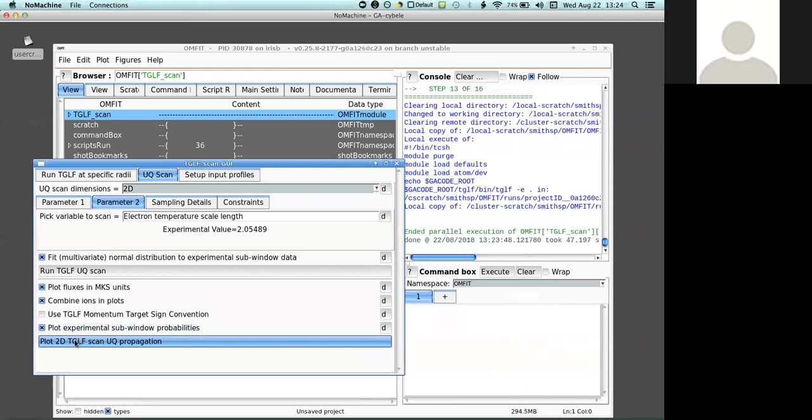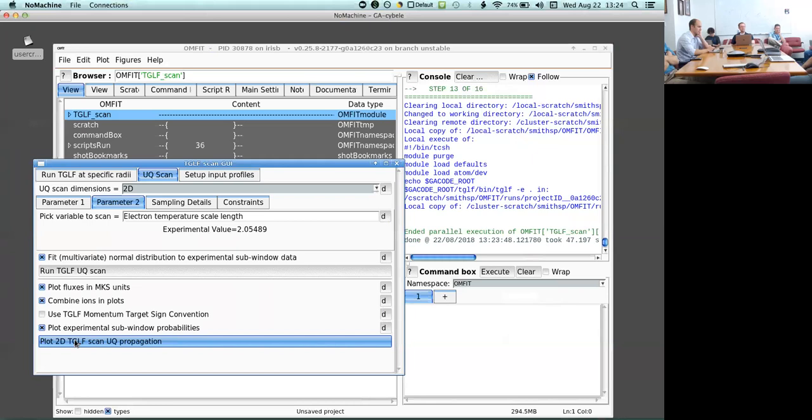I had a question. Is there a definition of uncertainty for when you have a non-normal distribution? So right now, the inputs into the TGLF UQ scan are assumed to be normal, but the heuristic chaos polynomial can support non-normal input distributions.